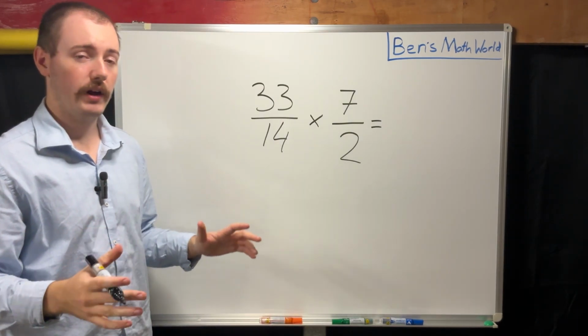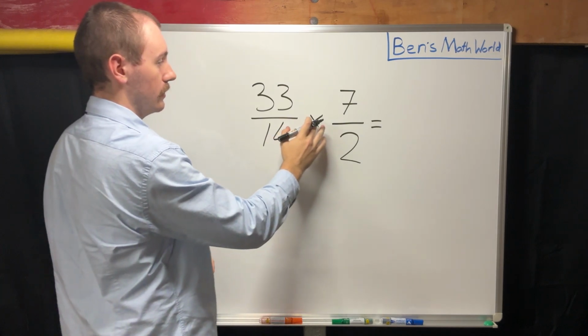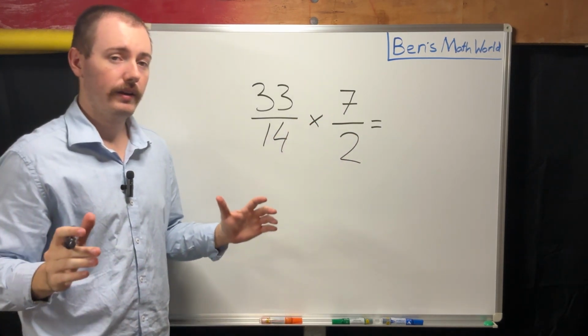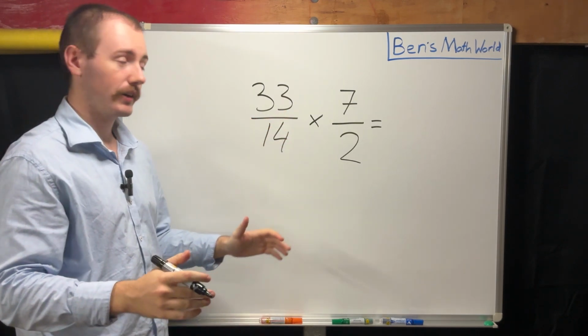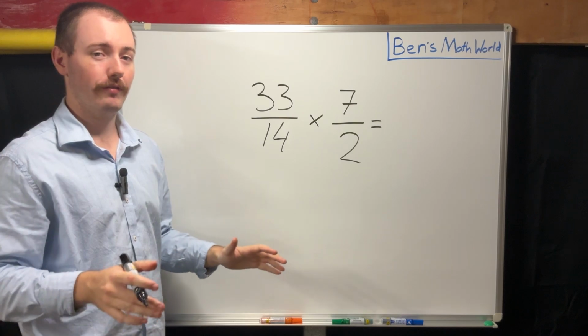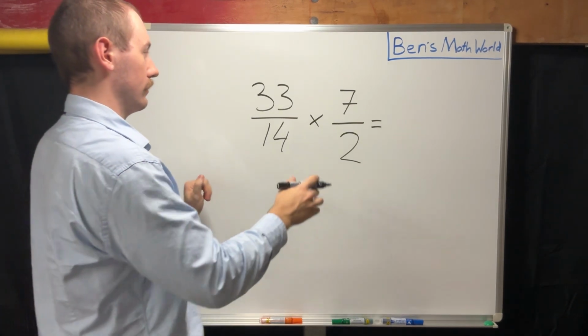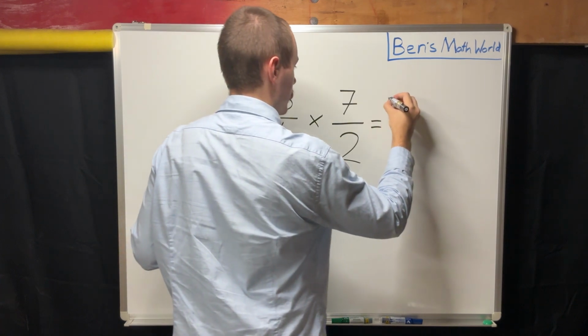Now in this one we're going to try it with some larger numbers. So we have 33 over 14 times 7 over 2. Now what do we do first? We multiply the numerators. Second, we multiply the denominators. And third, we simplify if we can. Okay, so let's try this. 7 times 33 is 231.